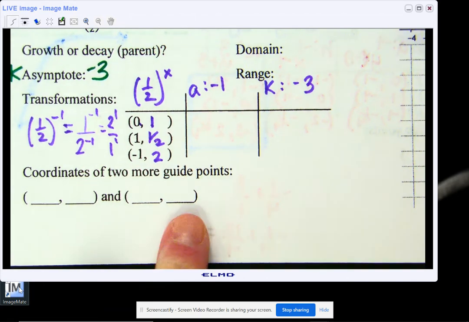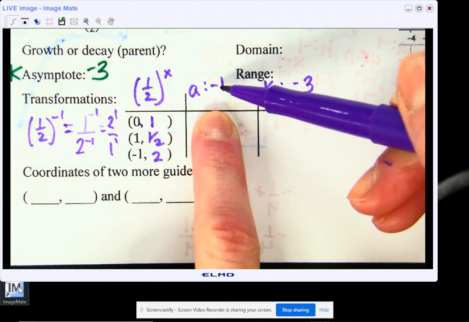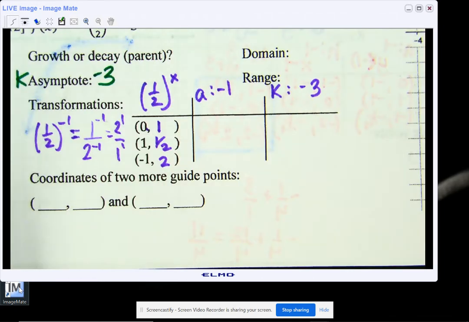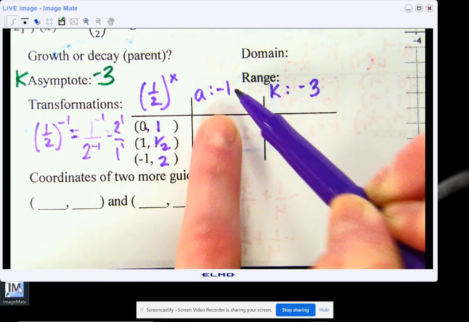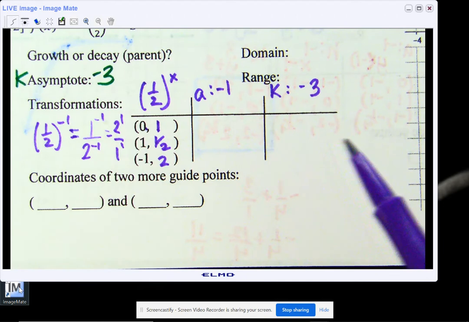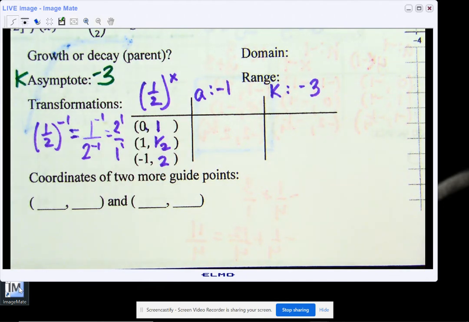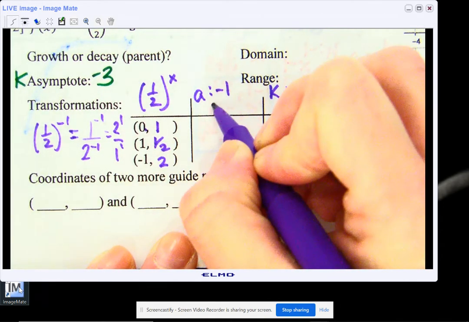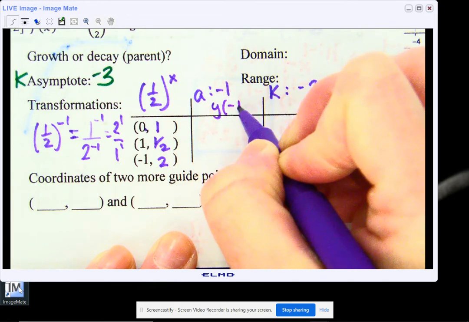All right. So now our A is going to be a vertical stretch or compression or shrink. So we multiply, right? If you guys remember, we noticed that on that first activity of this paper on Friday. So we're going to take our y and we're going to multiply by -1, right?